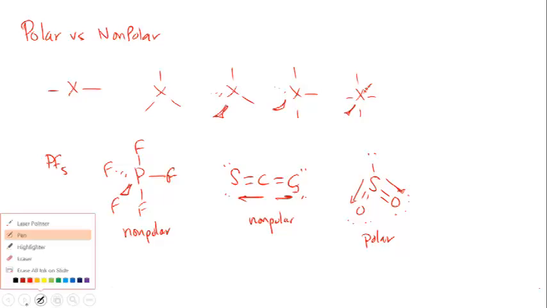Then the other issue people had was about polar and nonpolar molecules filtering into intermolecular forces. Basically, your first step is to determine: are the molecules polar or are they nonpolar?